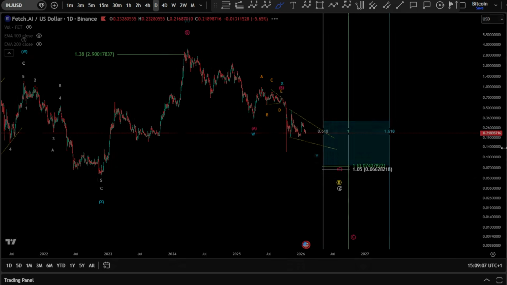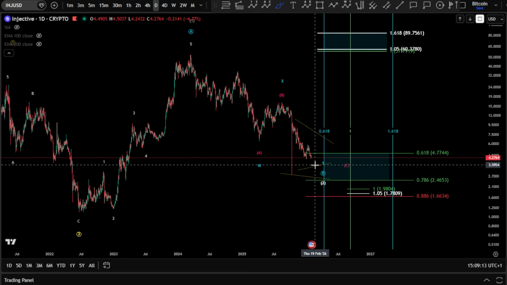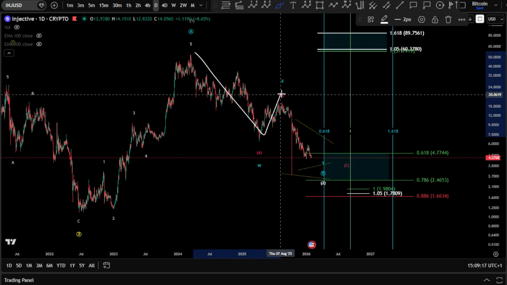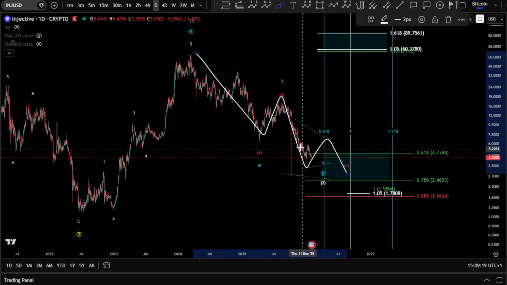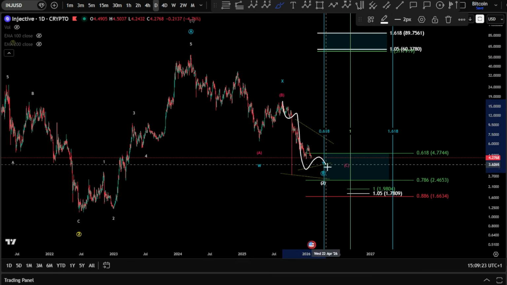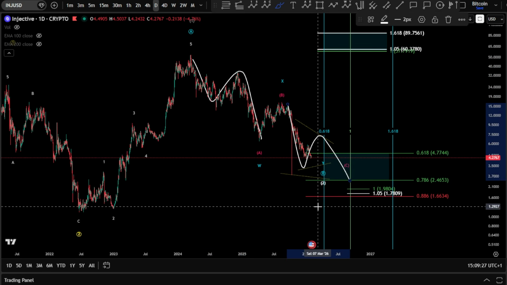Now, if we take a look also at Injective, I would say Injective is also looking for the time. The requirement here, 0.618 FIB time, again taken from the W, X, and a wave Y, can be of course kind of like a double zigzag in this complex structure, right?